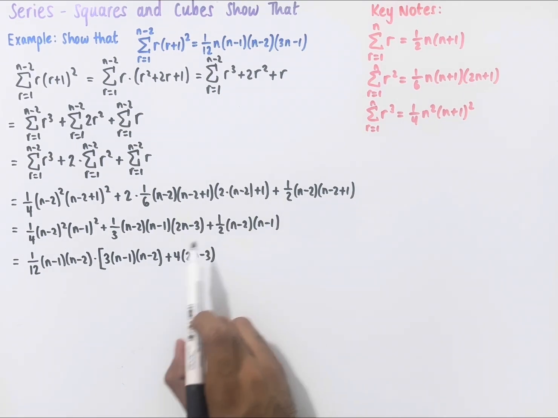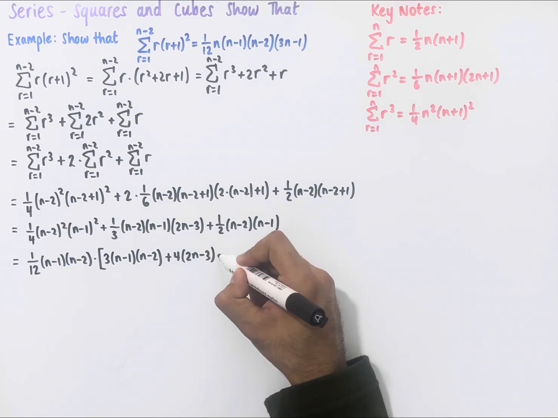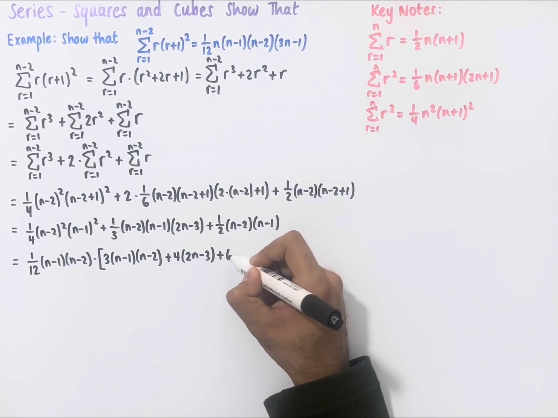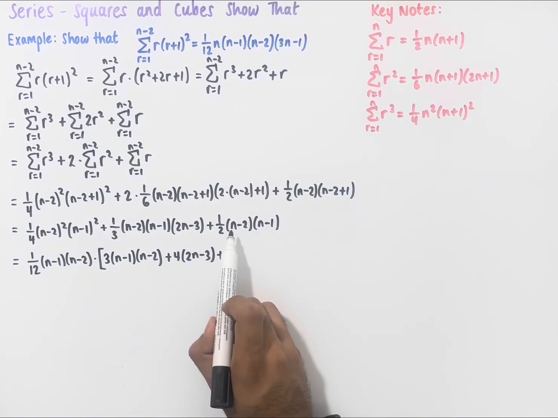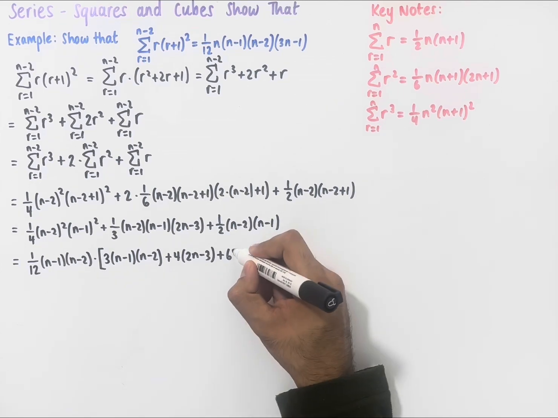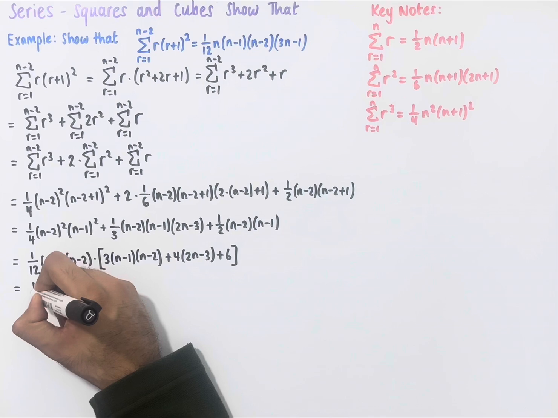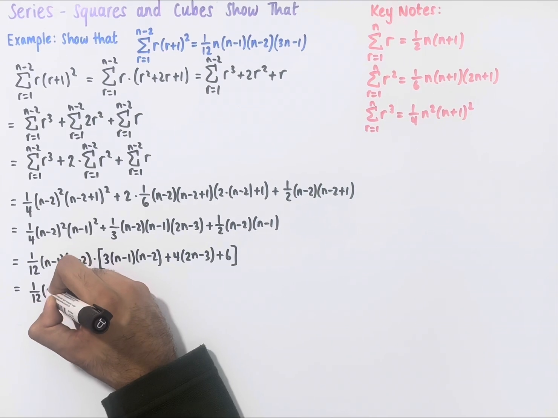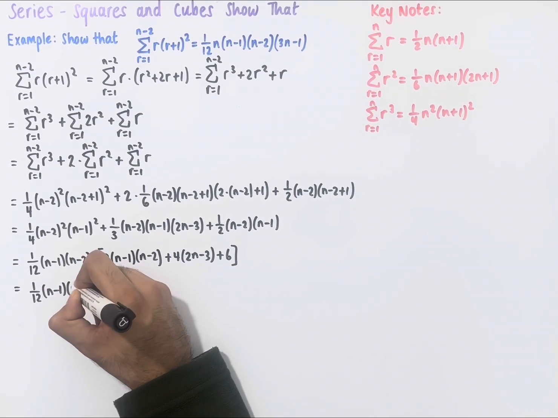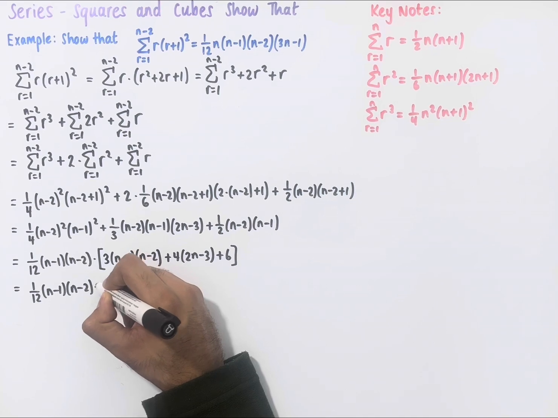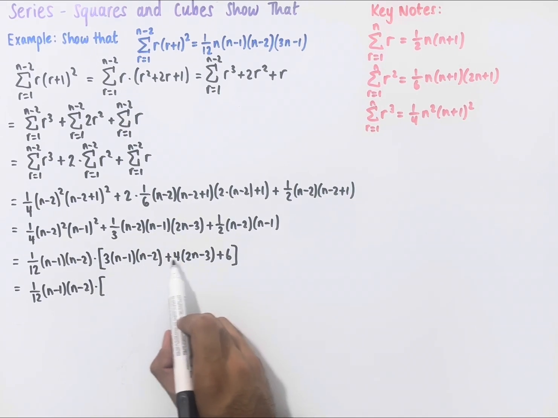For the final term, a 12th times 6 gives us a half, so we have plus 6, and then we factorize n minus 1 and n minus 2 out, so this is the last term within this squared bracket. And so we now get 1 over 12 (n minus 1)(n minus 2), and now in the squared bracket we're going to expand and simplify.